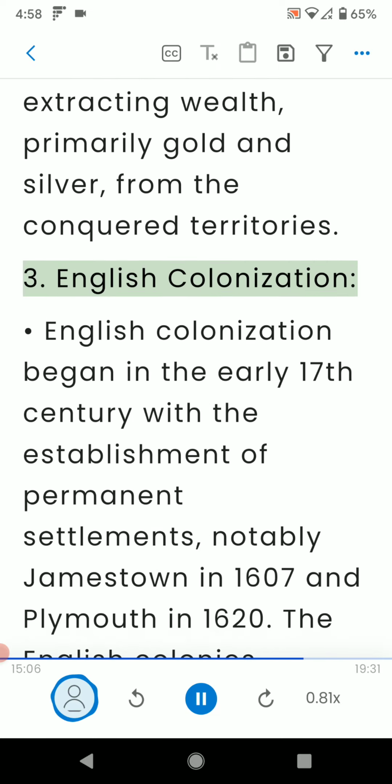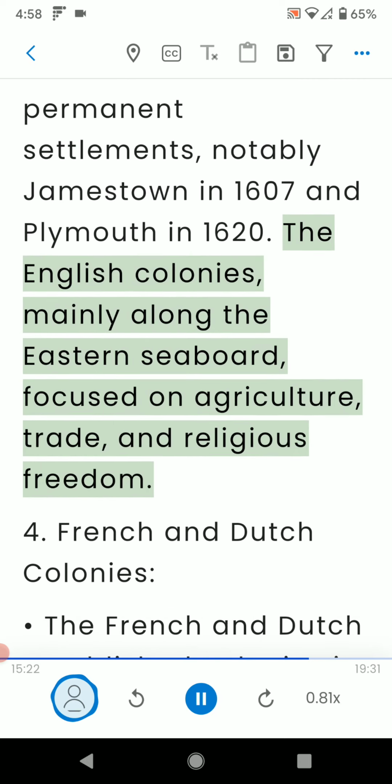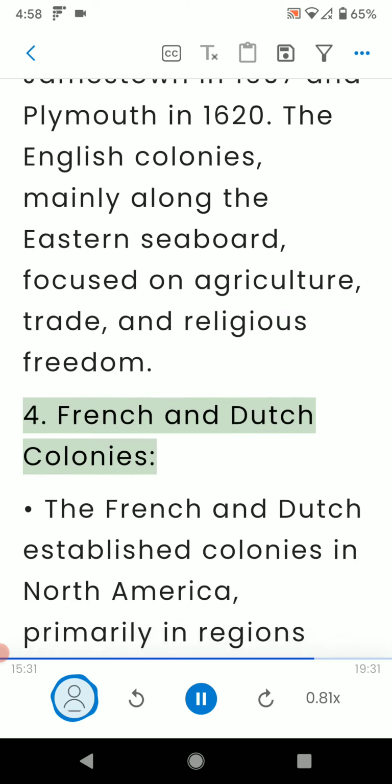3. English colonization. English colonization began in the early 17th century with the establishment of permanent settlements, notably Jamestown in 1607 and Plymouth in 1620. The English colonies, mainly along the eastern seaboard, focused on agriculture, trade, and religious freedom. 4.